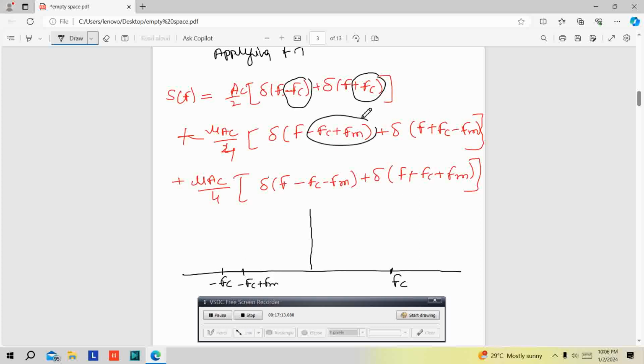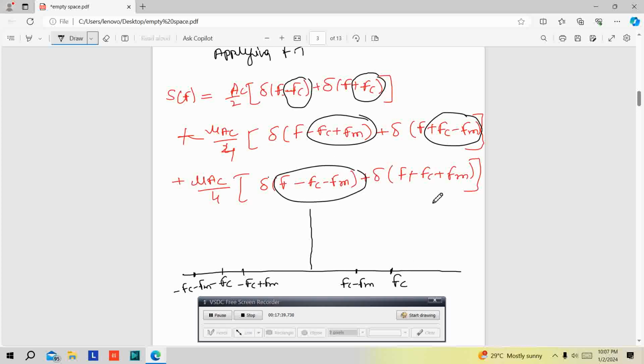Then fc minus fm, you are going to subtract, so this is fc minus fm. Then minus fc minus fm, we get it here.